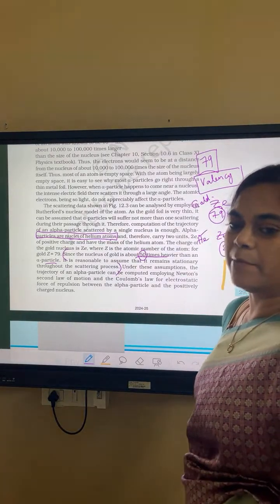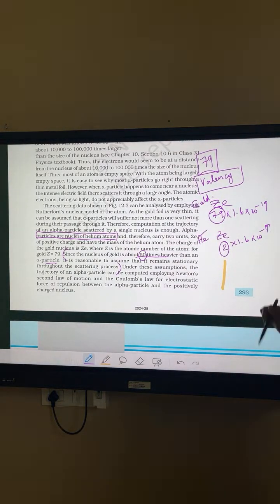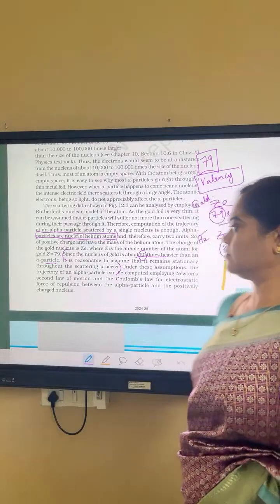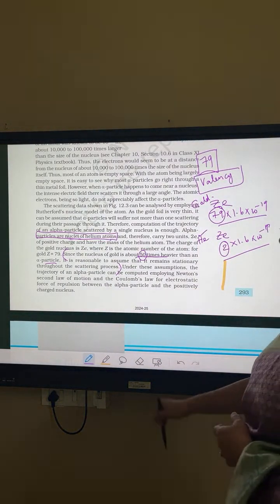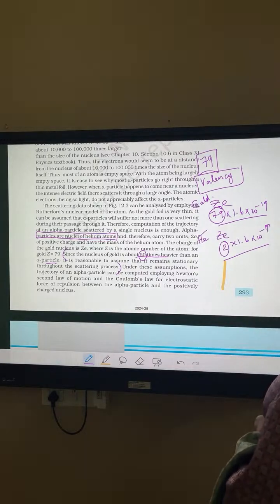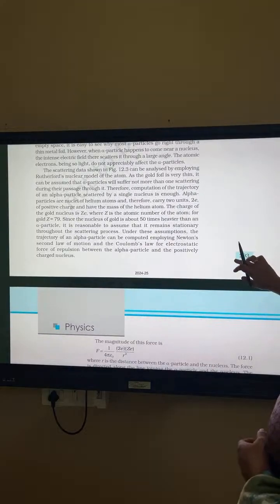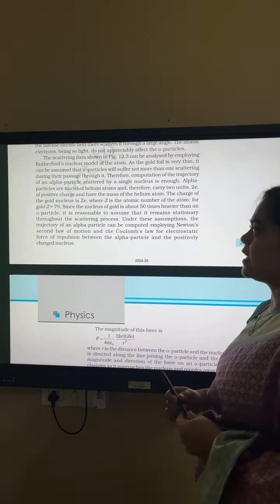You can comparatively measure by means of this Z times E. Z is the atomic number. So next, we'll move on to: it is reasonable to assume that it remains stationary throughout the scattering process.